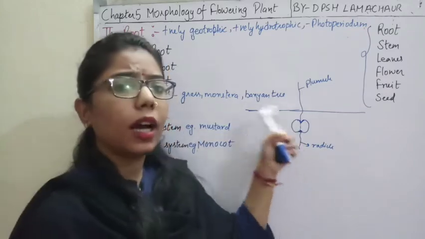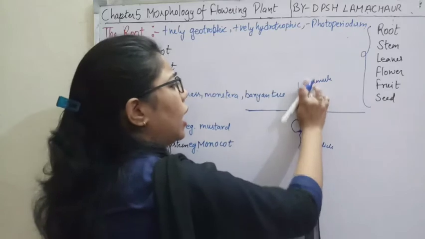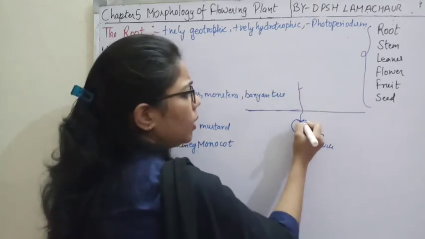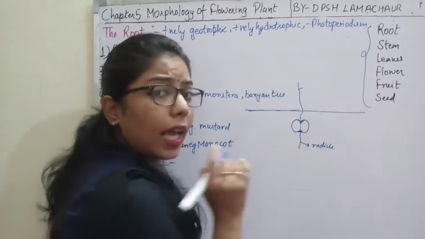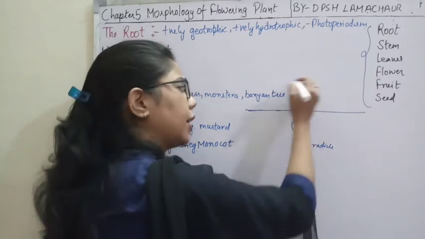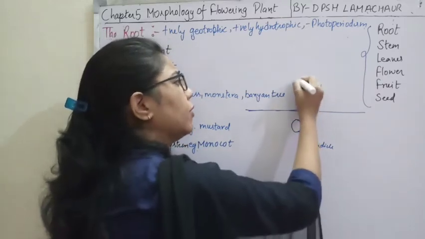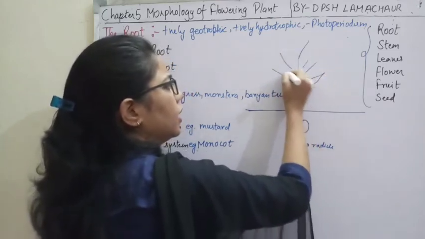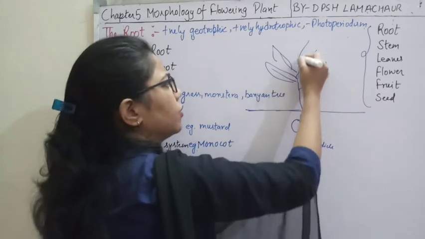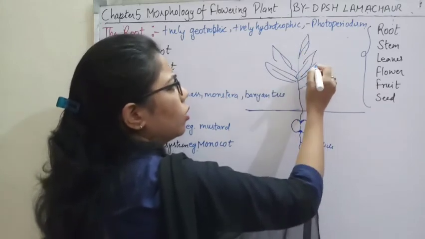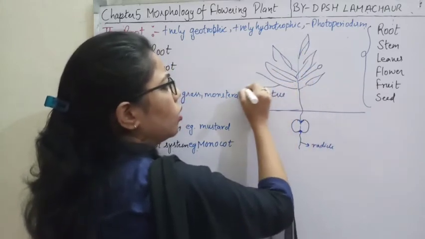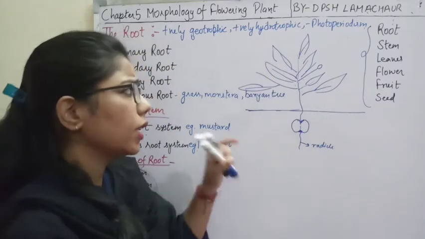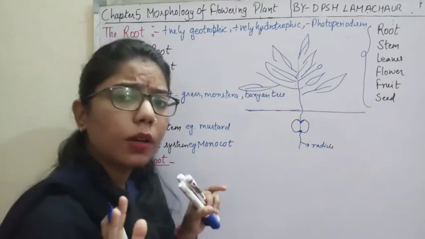The whole structure which develops from the plumule will give rise to the whole plant: stems, leaves, and in these you can see the flowers also. So these are the different parts of the plant.